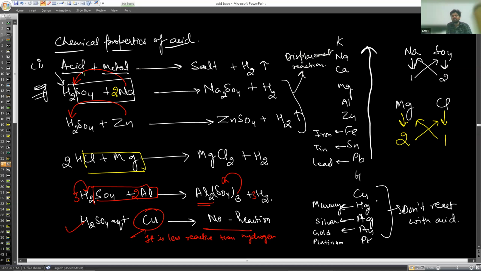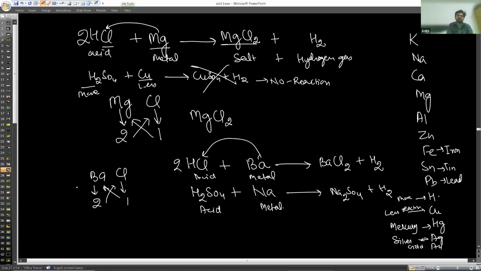Like copper, mercury, silver, they come below hydrogen, they are less reactive than hydrogen, so they will not be able to displace the hydrogen on reaction with acids. So they don't react. Means actually copper, silver, gold, mercury don't react with acids to produce hydrogen gas.